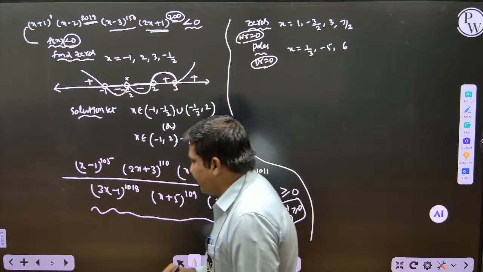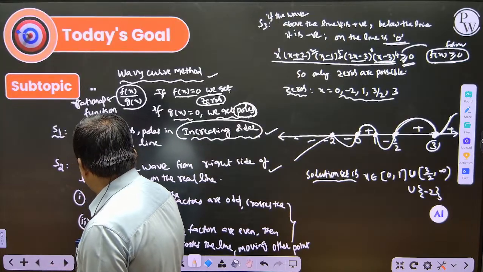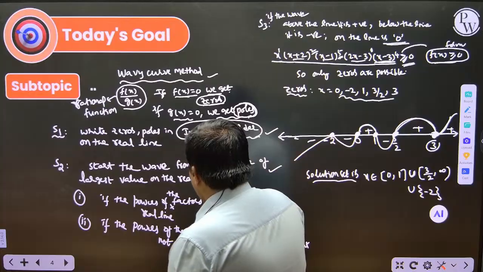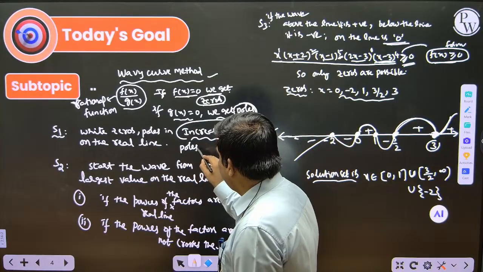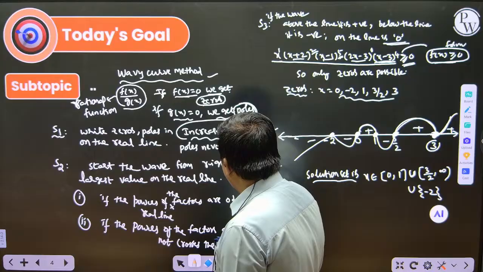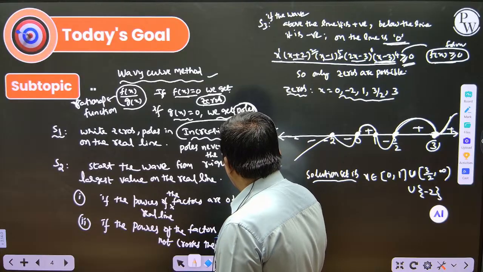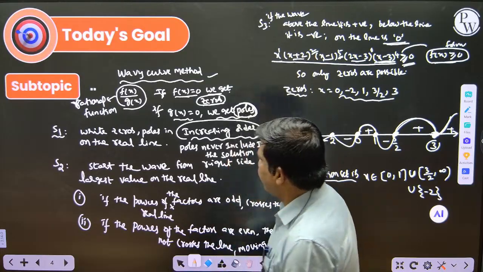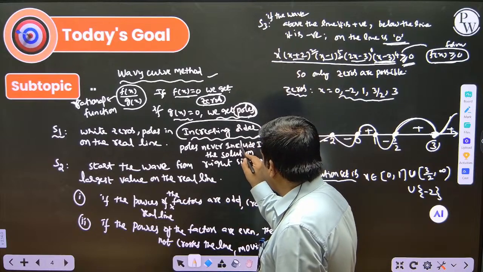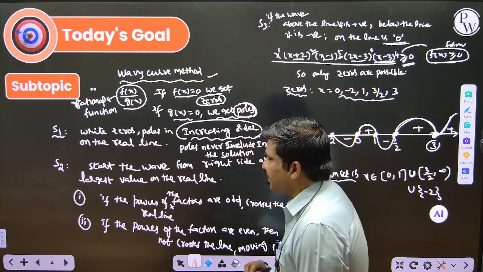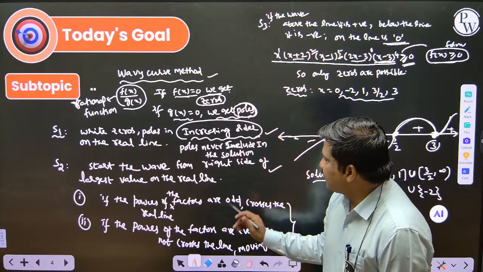But remember one thing here: poles are never included in the solution.